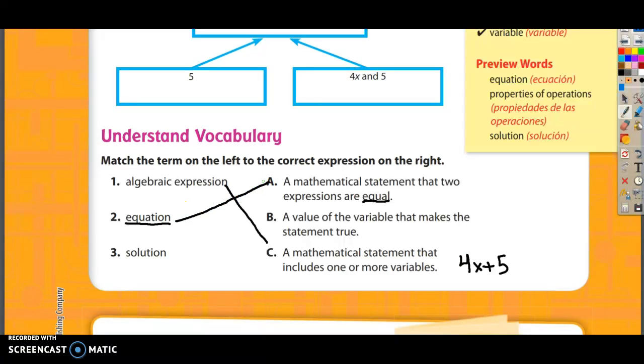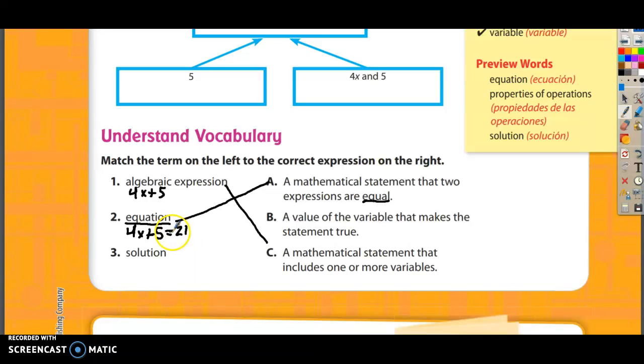Here's the difference. An equation would be like this. An algebraic expression would be like 4x plus 5. An equation is going to be exactly like that, except it would be 4x plus 5, and we'd say is equal to 21, or something like that. Do you see how the equation here has an equal sign?